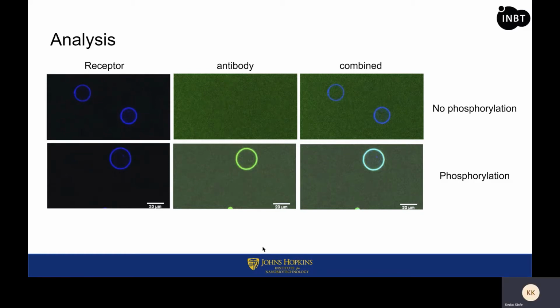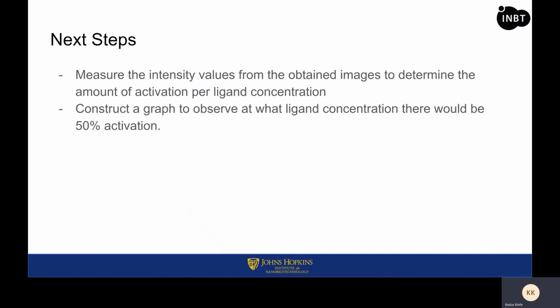The concentration of ligand between the trials changes by a factor of 10. So in this example particularly, you would measure the intensity of the antibody image, and you would determine the amount of activation at this particular concentration, and then you would change it for a different concentration. You'd be able to construct a graph.